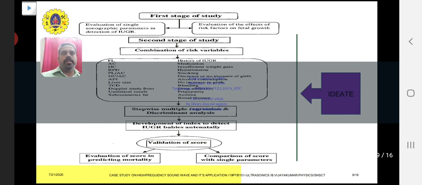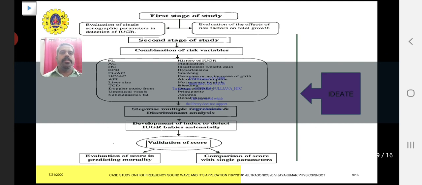The next one, ideate. So we start from define. Then after that we start the ideate part of the design thinking, which has different stages of study. Then finally we get the solution.